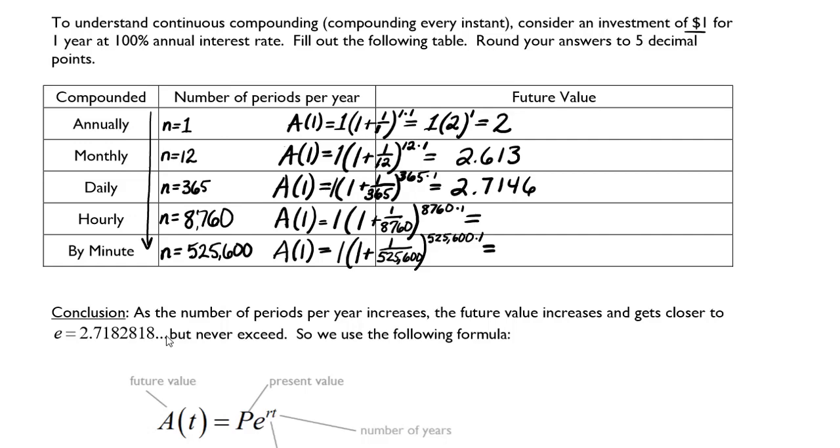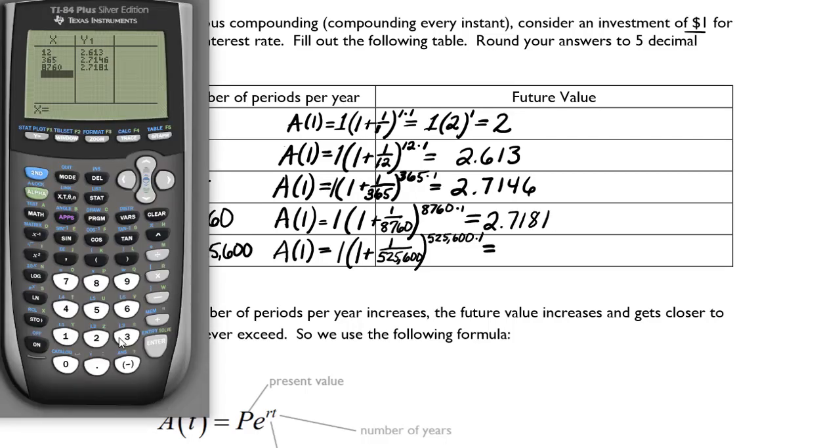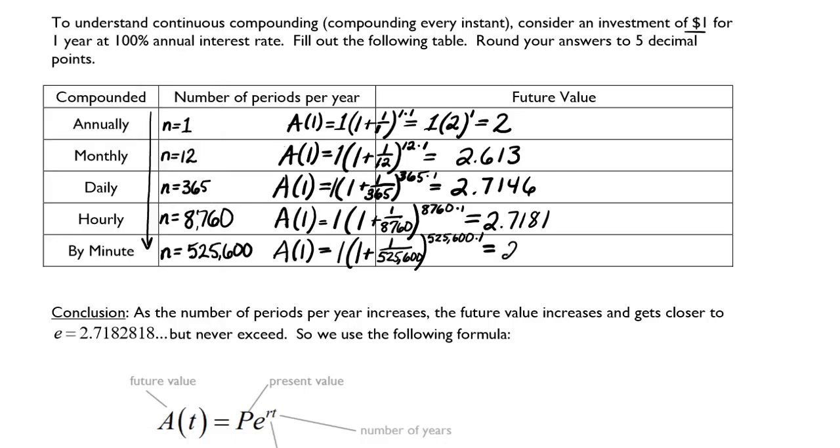And my output is 2.7181. Last one will be the giant number, 525,600. And my output is 2.7183.